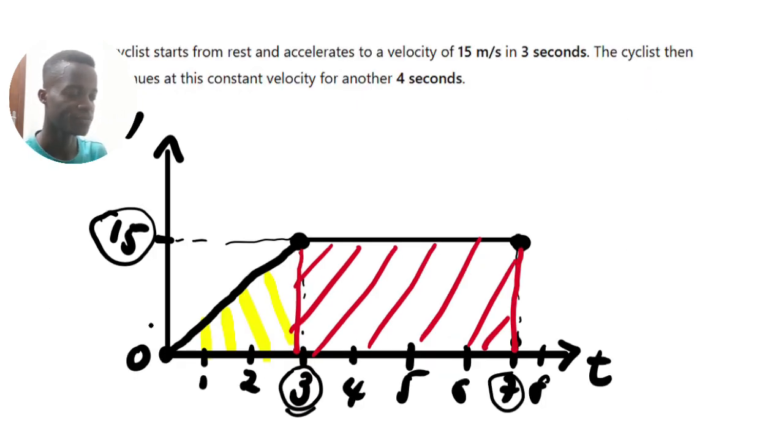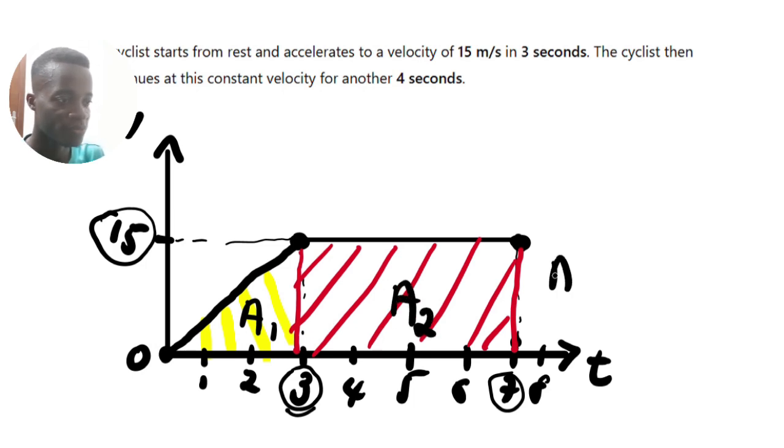Now we have this. Here we were able to demarcate two portions. There is a right angle triangle on this side, and on this side we also have a rectangle. So let's get the area for this. Let's call this area 1 and this one area 2. So let's get area 1. What do I have?